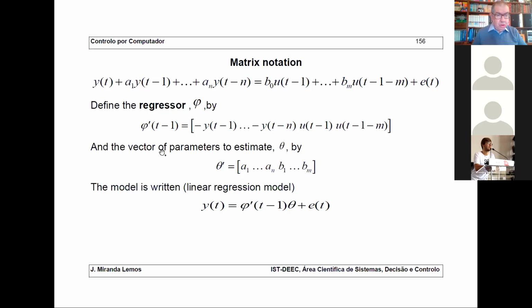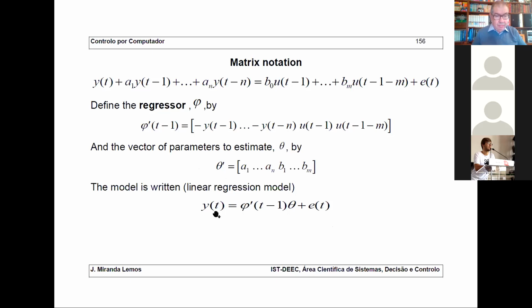Then I'm going to define a vector of parameters to estimate. Then I put there all the A's and B's, okay? And now I'm going to write the difference equation in this form here.